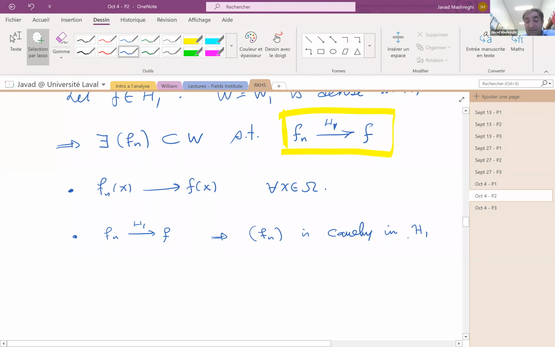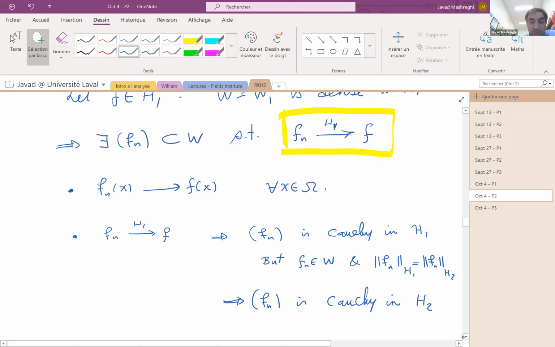But in fact, Fn is in W, and the norm of Fn in H1 is equal to the norm of Fn in H2. We can even replace Fn by Fn minus Fm because W is a linear manifold. So this implies that Fn is Cauchy in H2.